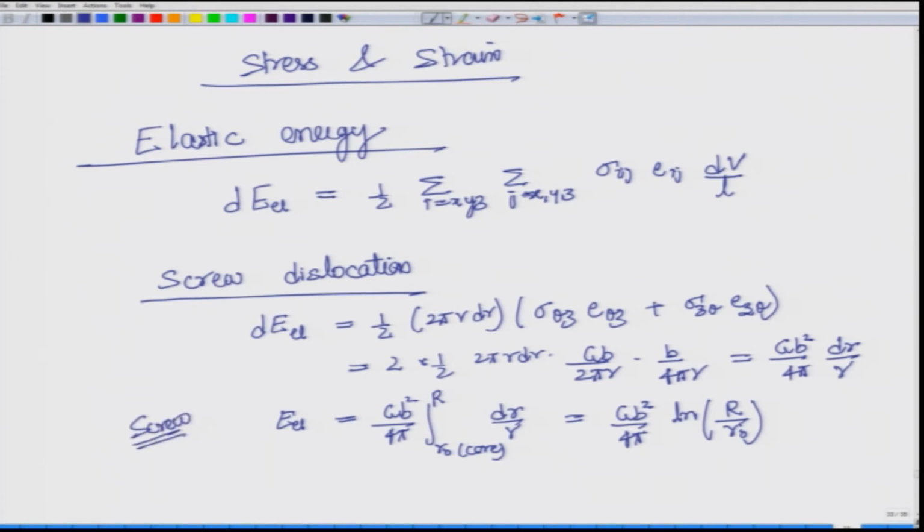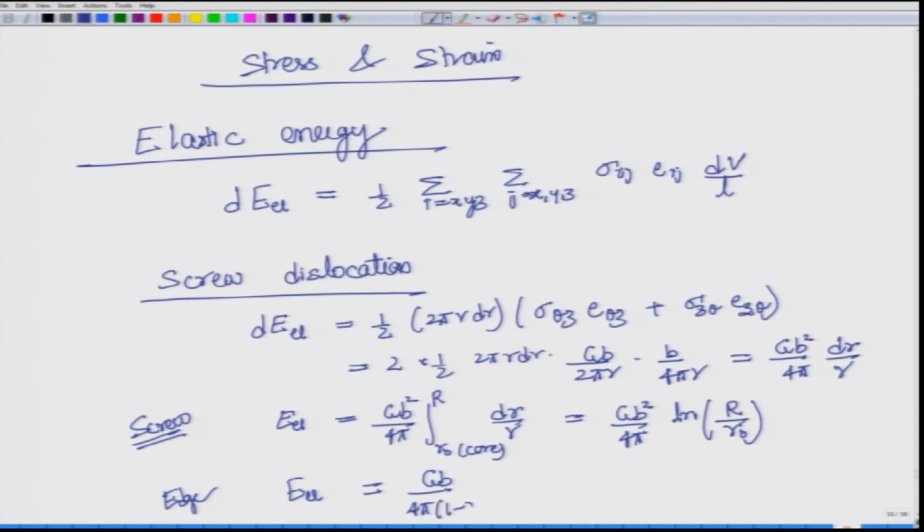and people have shown that if you go for the edge dislocation, the relation is exactly same, except you will also have a factor of 1 minus nu, because in the stress and strain you remember we had the factor 1 minus nu arising from the compression or the dilation in the lateral direction.